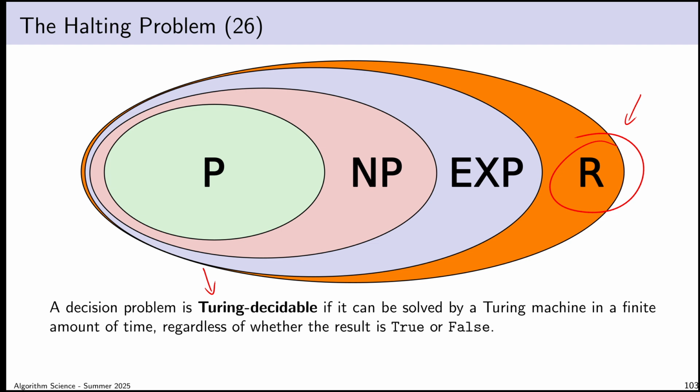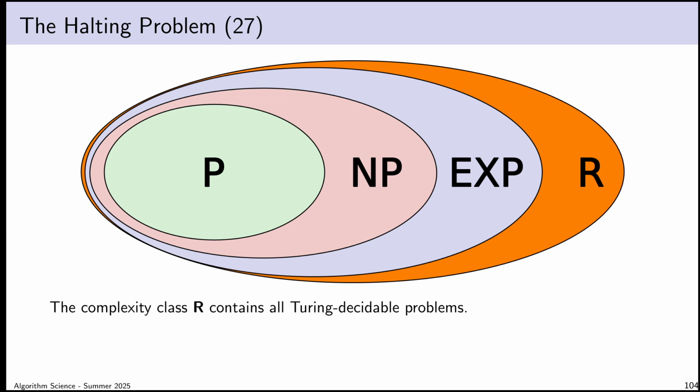A decision problem is considered to be Turing decidable if it can be solved by a Turing machine in a finite amount of time, regardless of whether the answer is true or false. It's true that the halting problem is solvable in finite time when the answer is true, because you could just run the machine until it halts. The problem is that the halting problem cannot be solved in a finite amount of time when the answer is false, in general. So the complexity class R contains all Turing decidable problems.